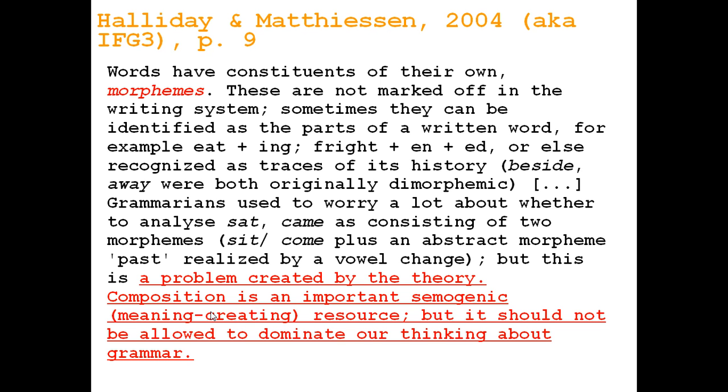Composition is an important semogenic resource, but it should not be allowed to dominate our thinking about grammar. So, okay, we should be aware of structure. It's very important to know the compositional sides of language, but wasting our time wondering why strong forms of verbs are shaped as they are wouldn't be useful from a functional perspective.